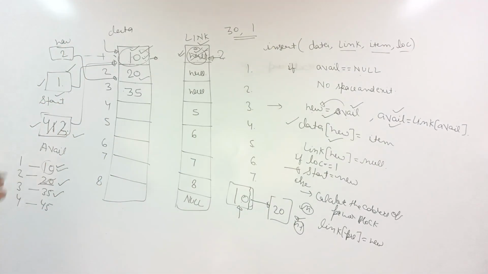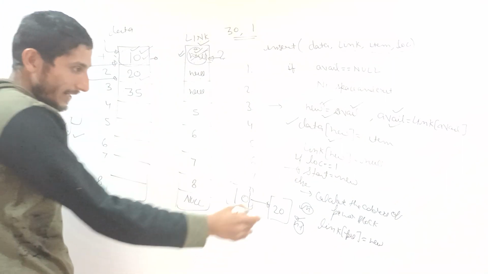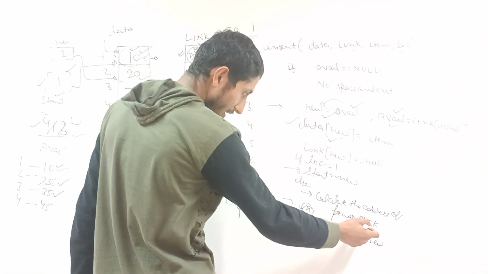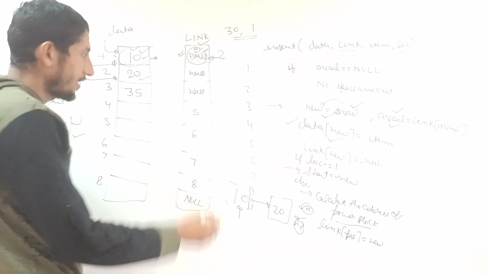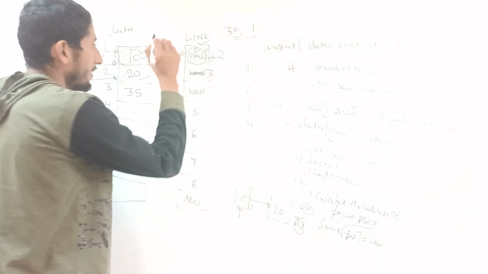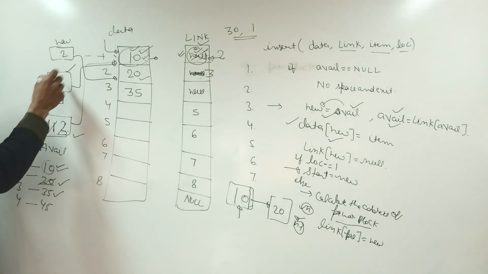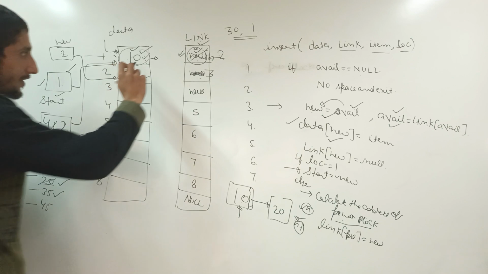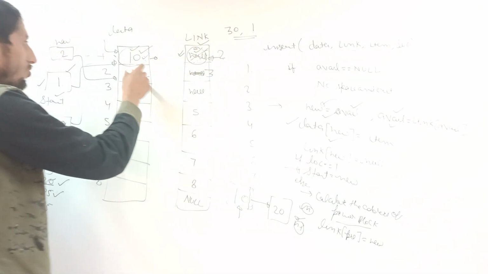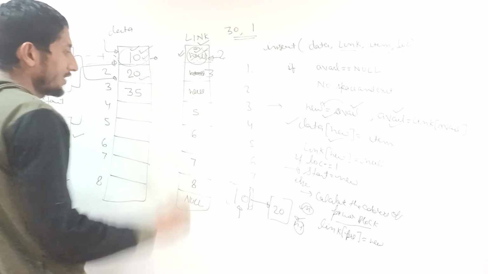But this time I have to modify this one. In the else part, I will have to calculate the address of the previous block and I will put 3 here. So the meaning of this is that block number 1 is the starting point, that is 10. After that we have the next block at block number 2, then the next block at block number 3, and then we have null.